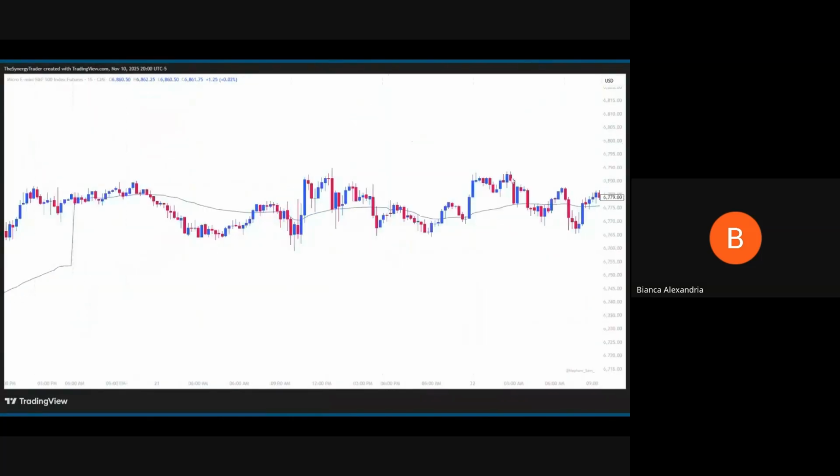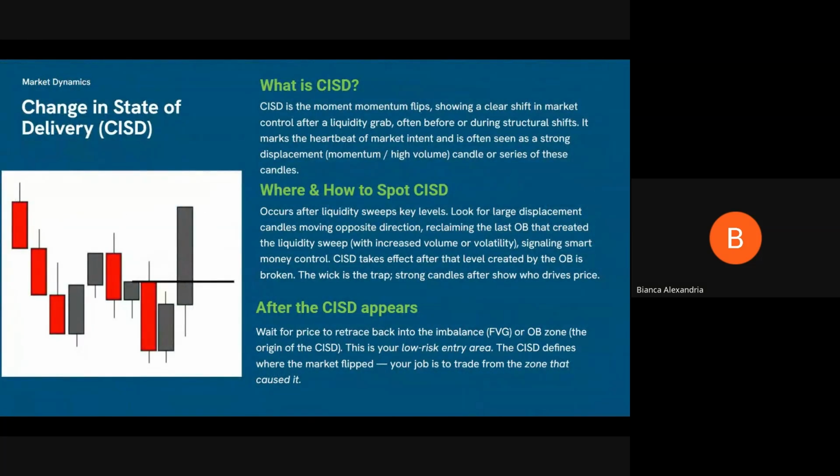Oh, let's skip something. Okay, so change in state of delivery. This is adding to the market structure shift. This helps us to better identify momentum in the market. We already talked about the trend showing who's in control. We talked about market structure breaks, which confirm that control continues.